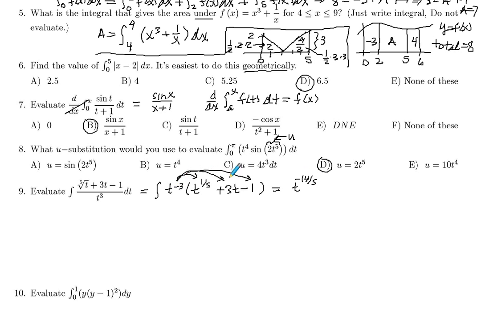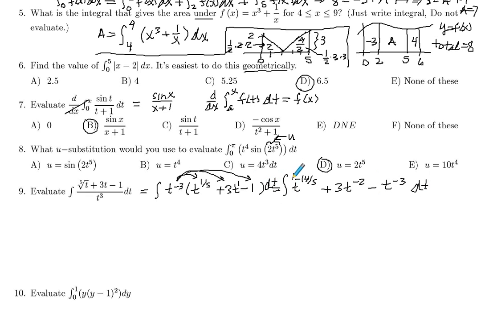And then when we multiply these guys, negative 3 and a positive 1 gives a negative 2 exponent, so plus 3t to the negative 2. And then t to the negative 3 times negative 1 is minus t to the negative 3. And we still need to do an integral with respect to t. Actually, I forgot my dt here.